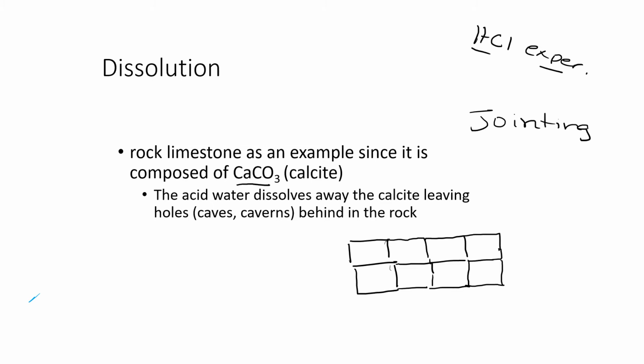The tendency of, let me figure out how to say this. The weak areas in calcite or in limestone tend to be in these nice linear shapes. Let's just emphasize that for a minute.